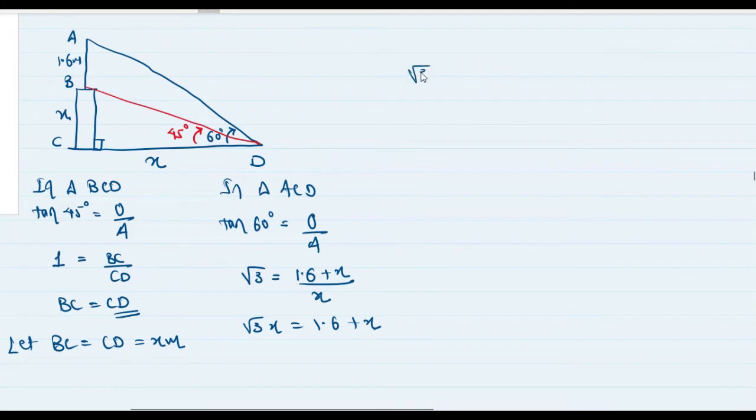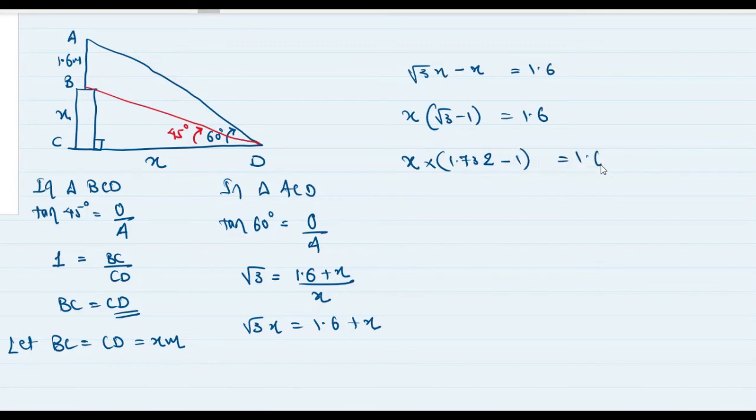So root 3x minus x is equal to 1.6. We'll take out x common: x times (root 3 minus 1) is equal to 1.6. Root 3 is 1.732, so x times 0.732 is equal to 1.6.